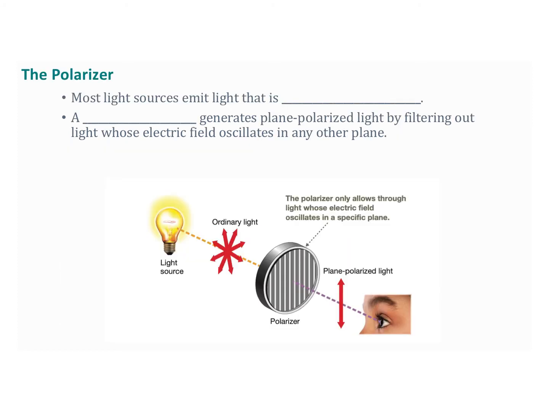Now, most light sources emit light that's not polarized. So what we need is a polarizer, which generates plane polarized light by filtering out light whose electric field oscillates in any other plane. Basically, from your light source, we've got ordinary light where the photons are oscillating in all sorts of different planes, or the electric fields are pointing in all sorts of different directions.